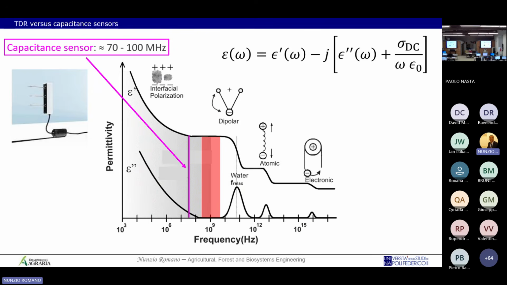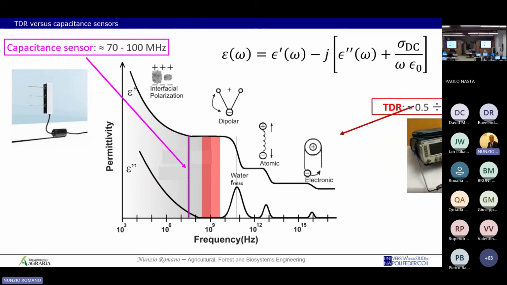What we see is that the real component in this vertical line reaches a sort of plateau, but this is not the case for the imaginary part, epsilon double prime.